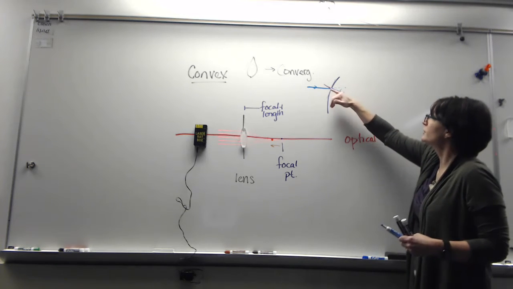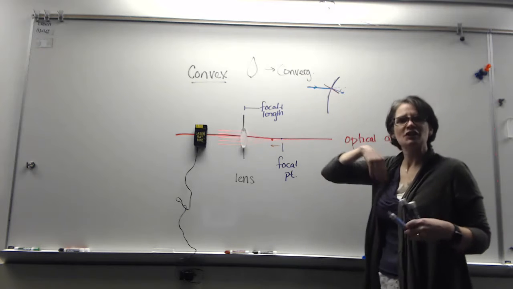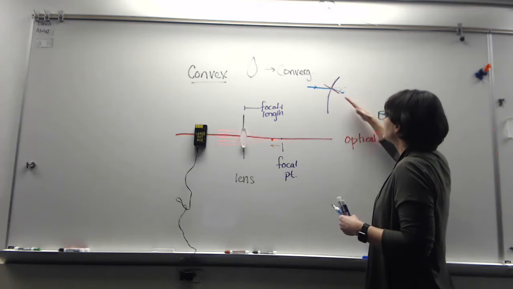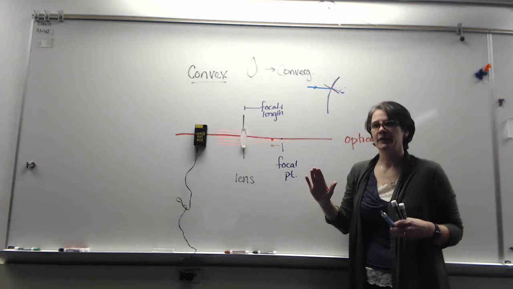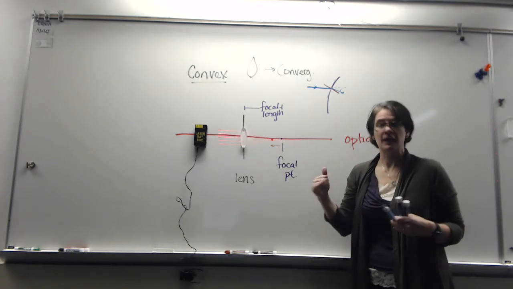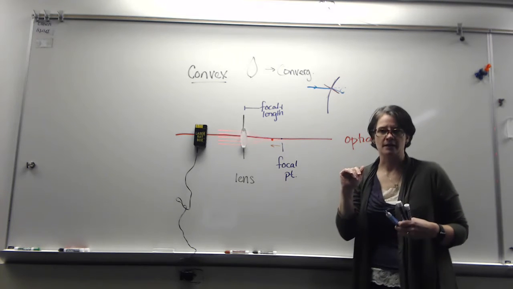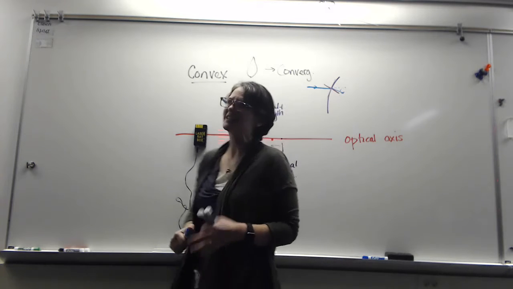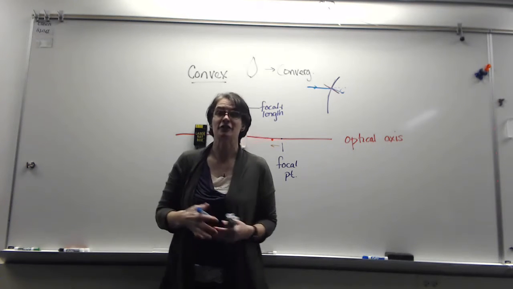As I tilt that normal, my angle of incidence changes slightly, and therefore my angle of refraction has to change. I get a sharper downward deflection of those incoming rays, because what I'm changing is the angle of incidence by changing that normal.